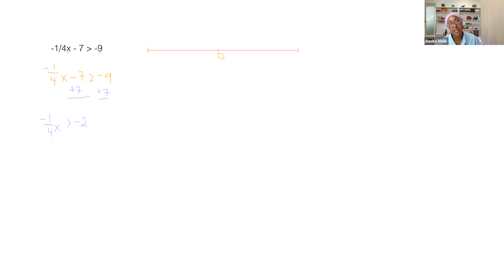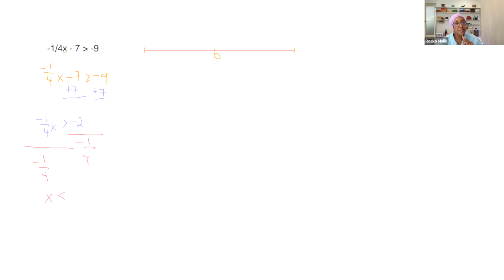So I'm going to divide by -1/4. So I have x, and I need to flip my sign. When you multiply or divide by a negative, you have to change the symbol. So I'm dividing by a negative, you change the symbol, so now it's x less than.